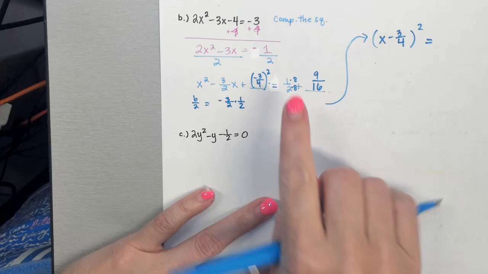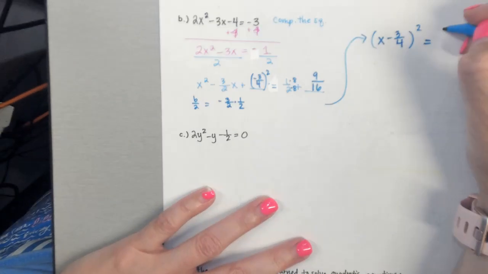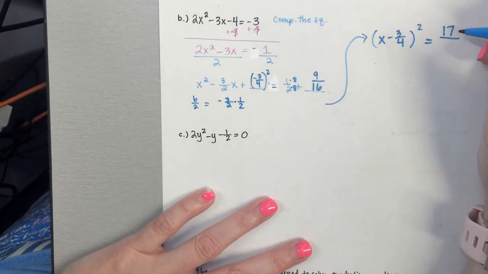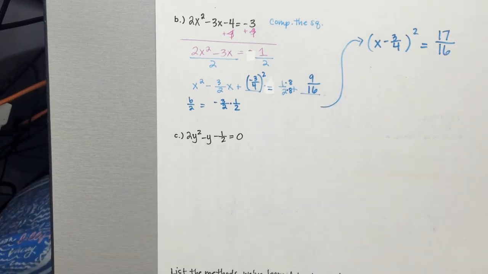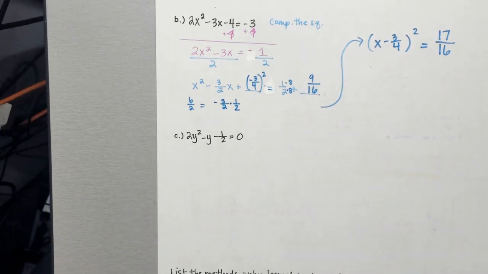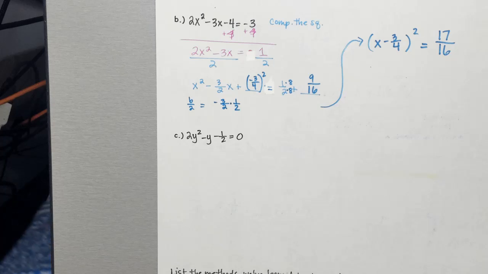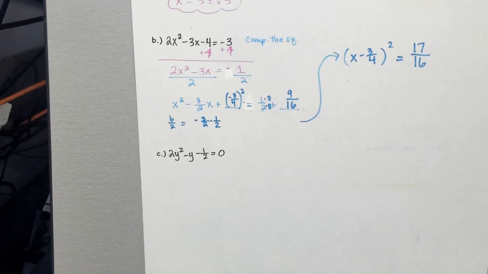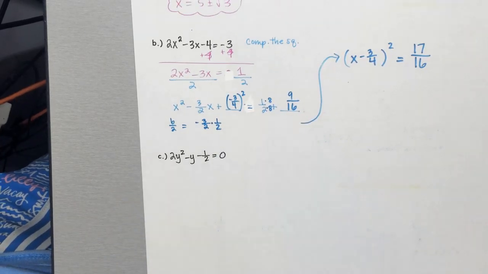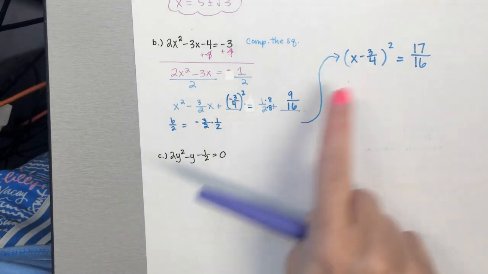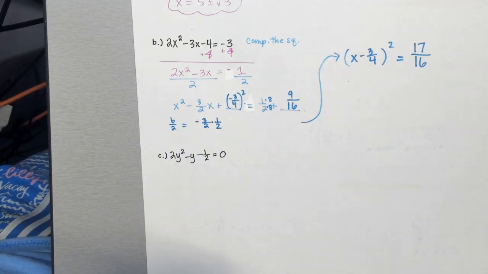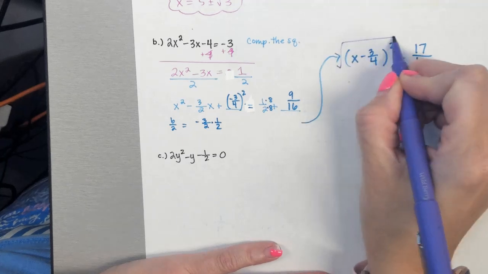And that's going to equal 8 plus 9, which is 17 over 16. So I added b over 2 to each side. I wrote this in factored form. Then I'm ready to take the square root.